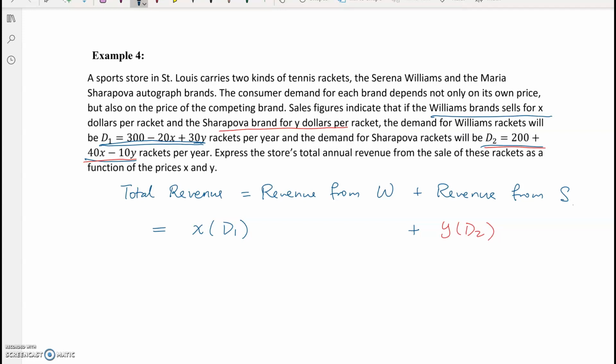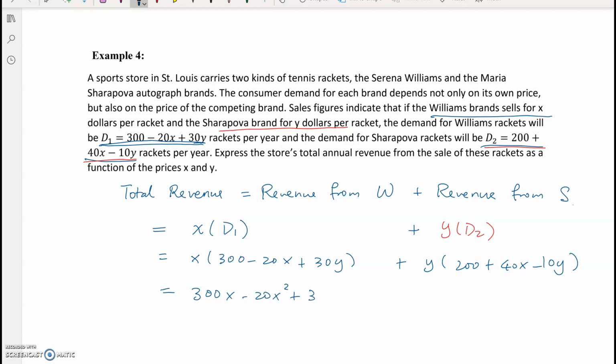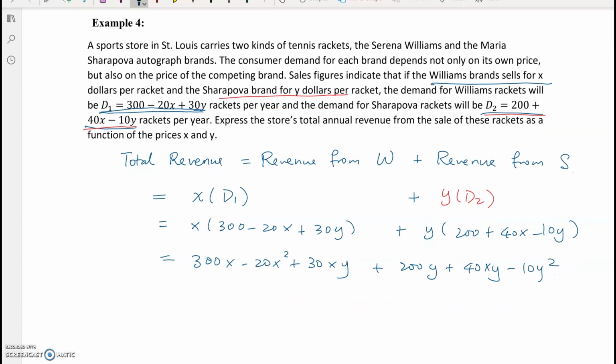So plug in D1 and D2. We got X times (300 minus 20X plus 30Y), and Y times (200 plus 40X minus 10Y). Multiply them, and simplify them.